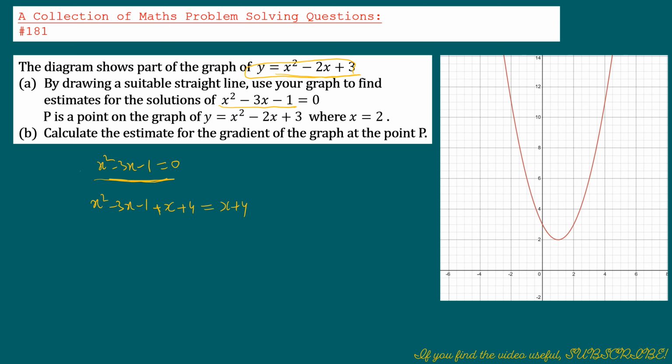So now this bit, we will solve it. x squared minus 3x plus x would give you minus 2x, and then minus 1 plus 4 would give you plus 3. And that equals x plus 4. Now you see this is already y, so I can write y equals x plus 4.